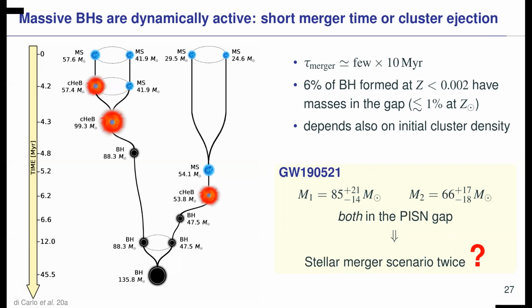And because of the variety of other possible solutions and the many uncertain steps in this scenario, I would personally not consider this scenario the most promising explanation for this tail of black holes in the LIGO distribution.